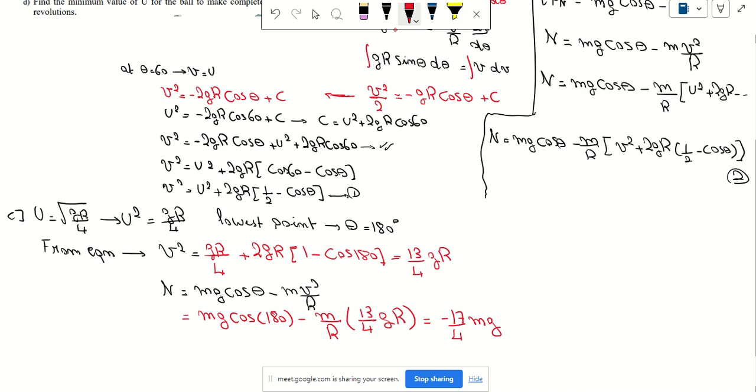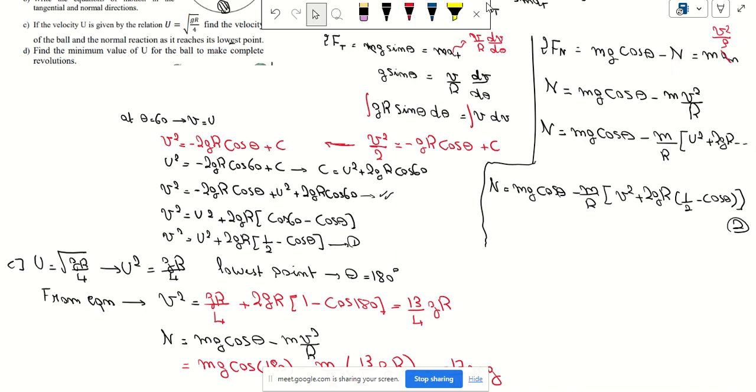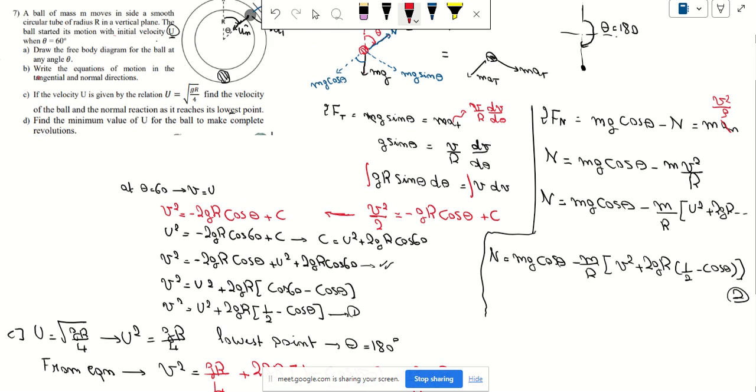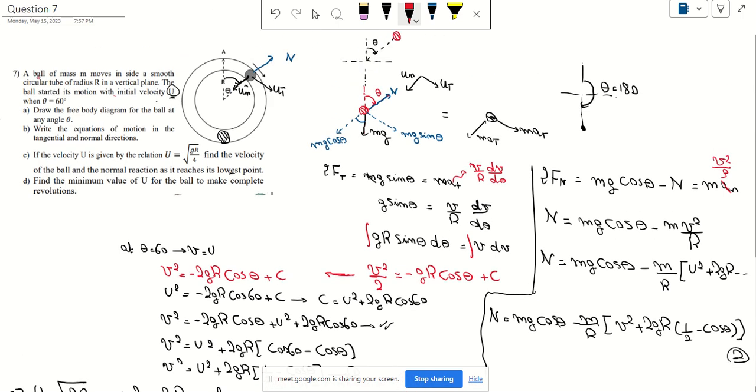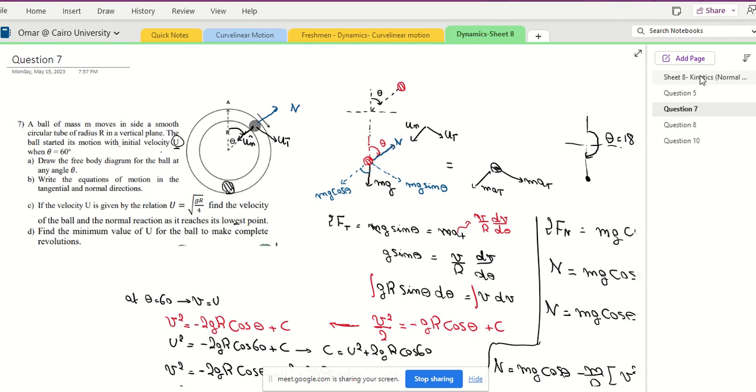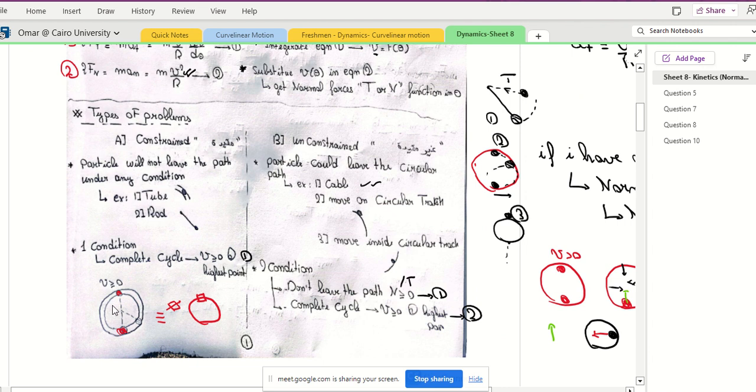Okay, going to the last one, find the minimum value of u to make a complete revolution. Is this one constraint type or non-constraint? It's typical, like the first one.